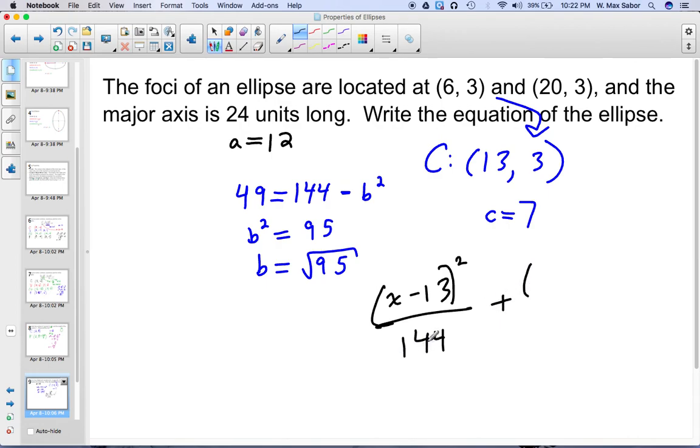And I'm putting that under x because the foci were changing in the x coordinate. Y minus 3 from the y coordinate of the center. We already used a is 12, b is square root of 95, so b squared is 95, equals 1.